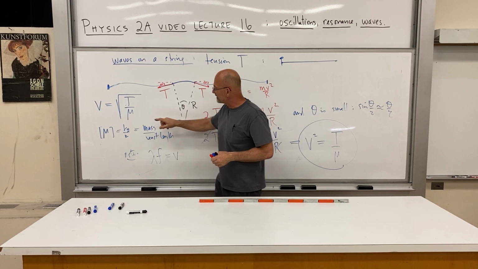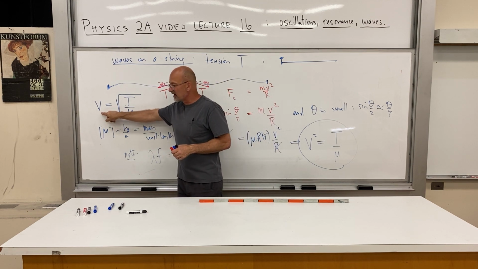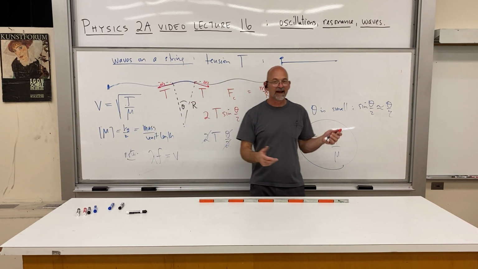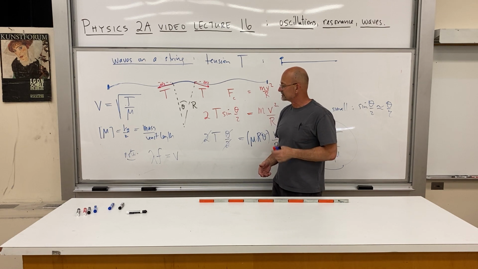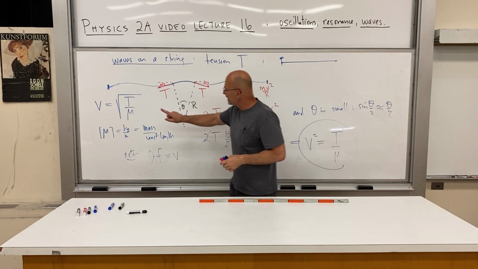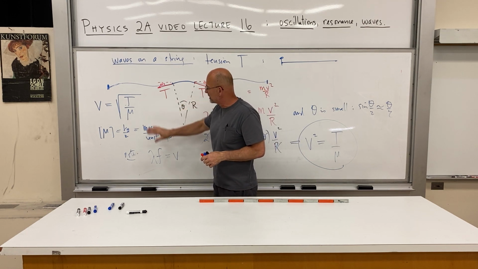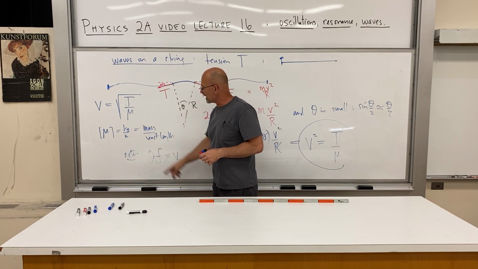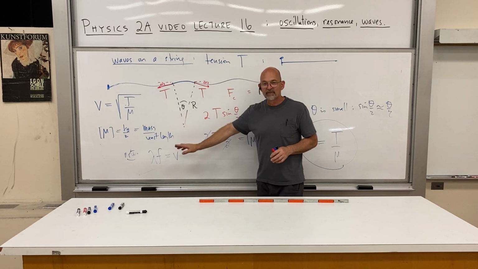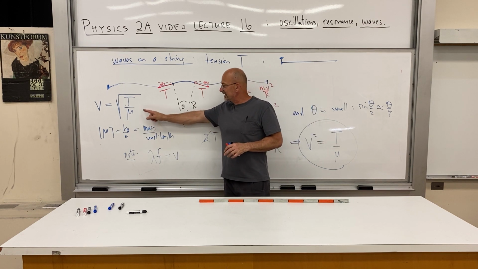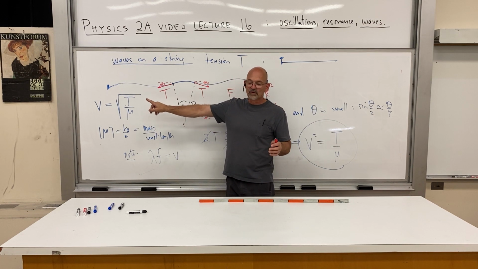In that case, the speed is much higher, and you can actually see it. I'm not sure if the camera caught that. So this formula is very important. You've got the tension and the mass per length, and I'm going to assign a bunch of problems that deal with this formula in a number of interesting ways.